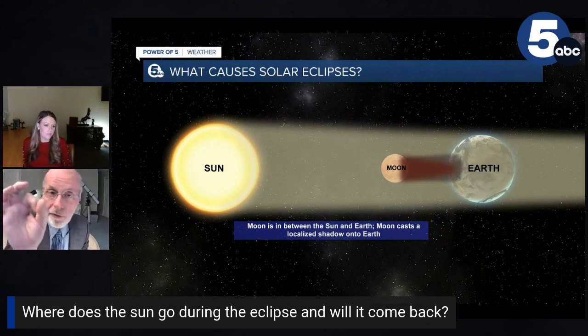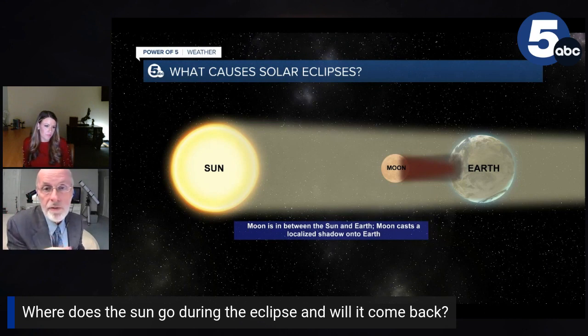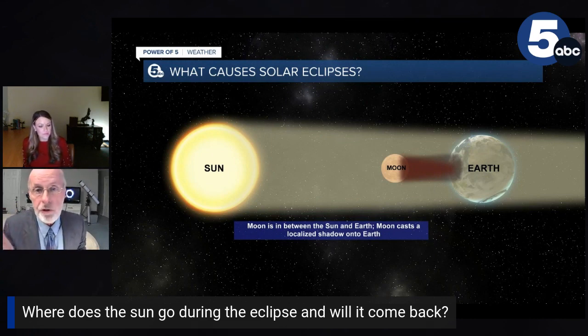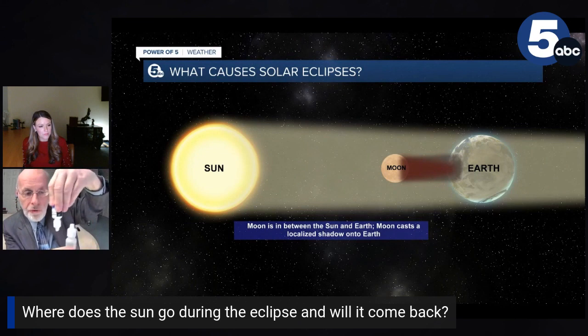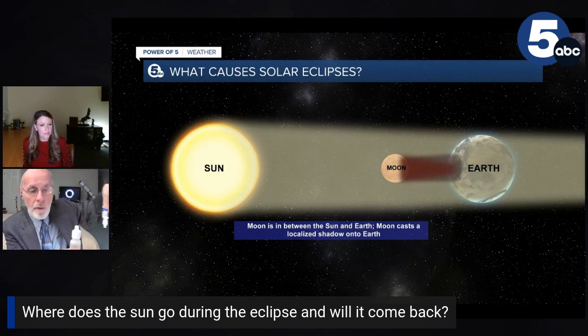And the shadow is usually much smaller, as small as 40 miles across. This one is over 100 miles, and towards the end of the eclipse, it'll be about 120 miles across. It's really big because not only is the moon going around us, it's also closer to us and then farther away.